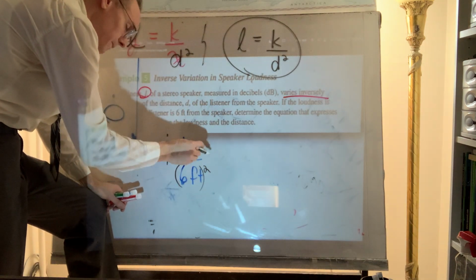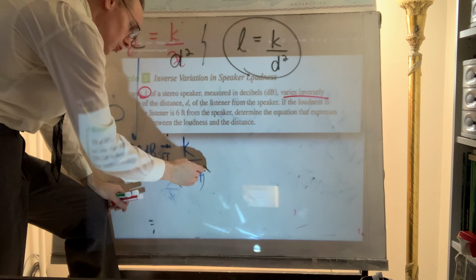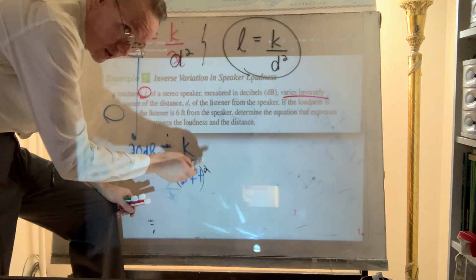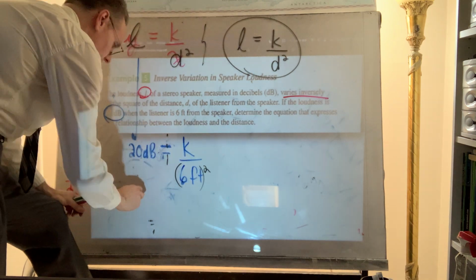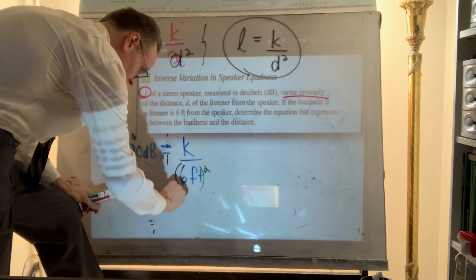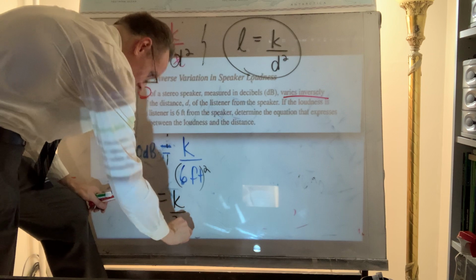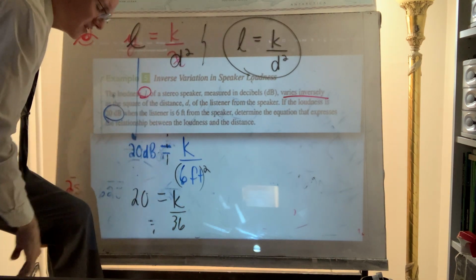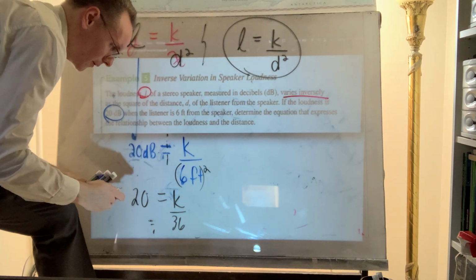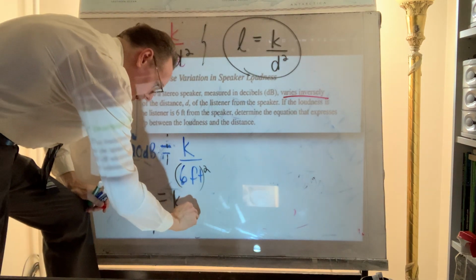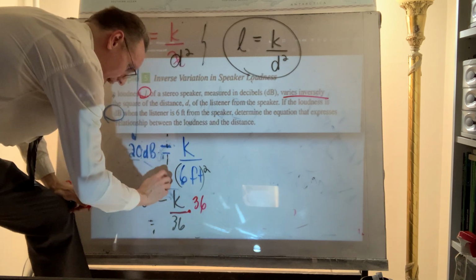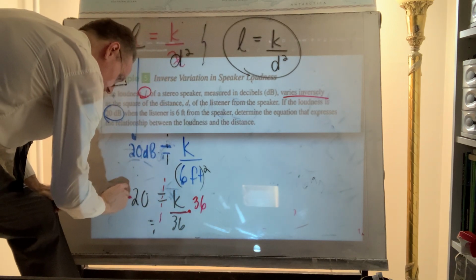If I'm going to square, it's the exponent of 2 applied to the 6, which means 6 times 6. If I'm just staring at the numbers for a minute, that means I have 36 down here. If I want to solve for k, they didn't explicitly say that, but I would do it anyhow. You would then multiply by 36, the opposite of dividing, and do it to the opposite side.